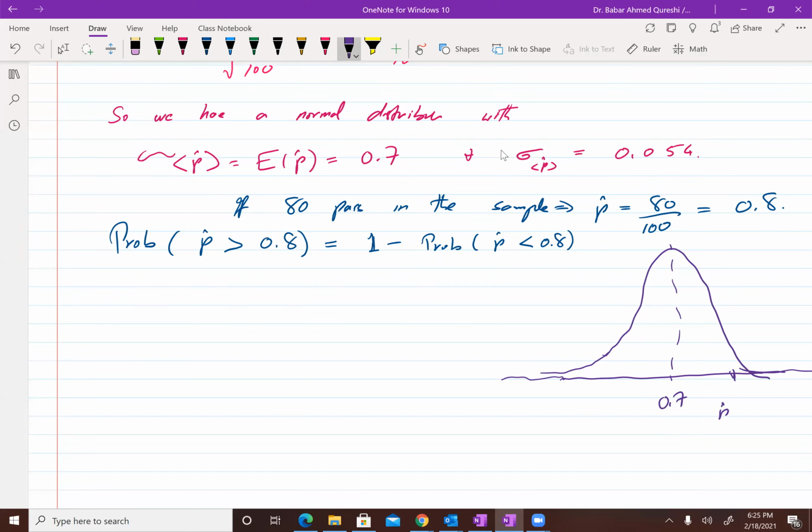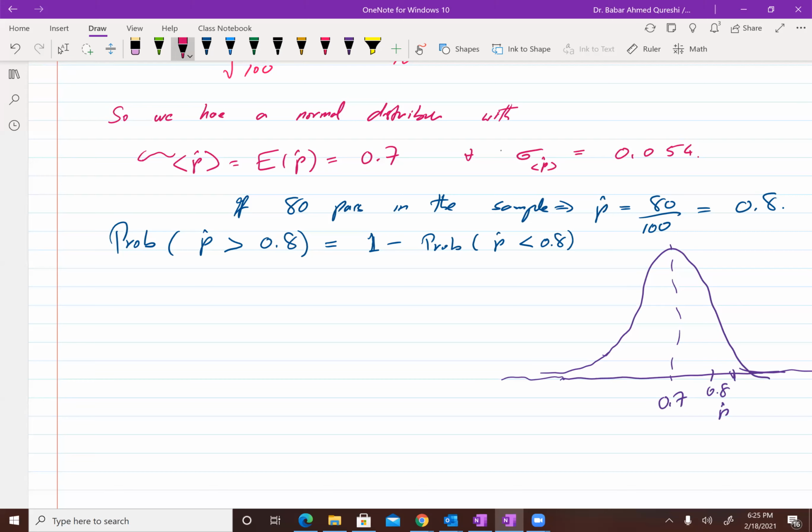This is p hat. Somewhere here is 0.8. You want the probability of at least 80 in your sample having passed.